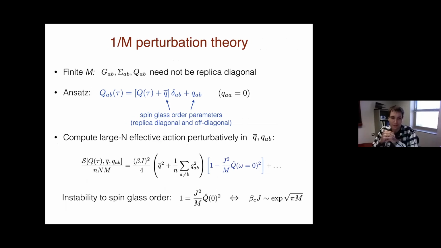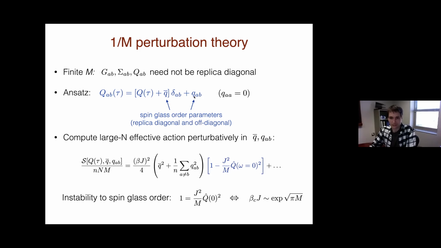Okay, so now let's do 1 over M perturbation theory. If M is finite, then these G, sigma, and Q variables need not be replica diagonal anymore. So we're not going to make a simple ansatz, or well, it's basically just notation. We're going to say that this Hubbard-Stratonovich Q, which is like the 4-point function of the fermions, has a replica diagonal piece, which could now have a constant in it. That's part of the spin glass order, if that constant is non-zero. And then we allow for some matrix of off-diagonal constants.